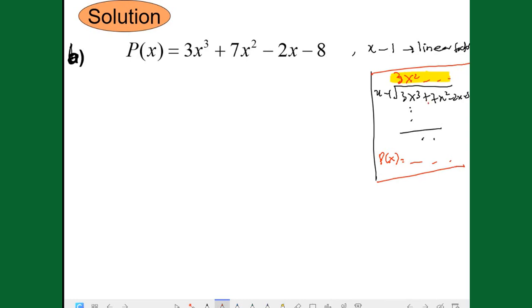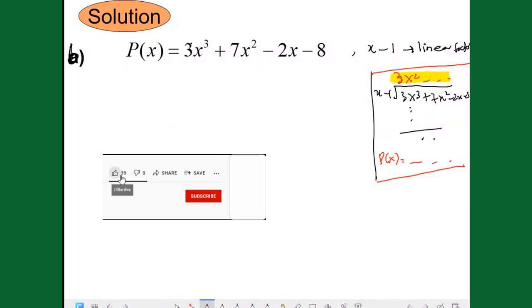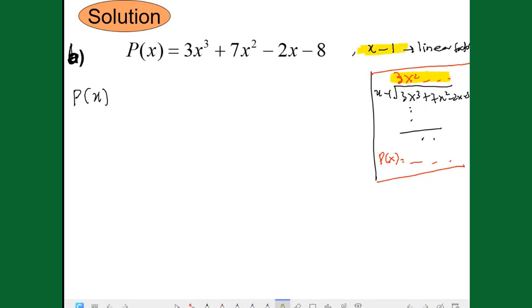Okay, kalau boleh, avoid using long division. Okay, using factor theorem or remainder theorem. Okay, tengok saya buat. Ini cubic. Okay, dah habak dah. Dah declare, define. X minus 1 is a linear factor. Confirm.